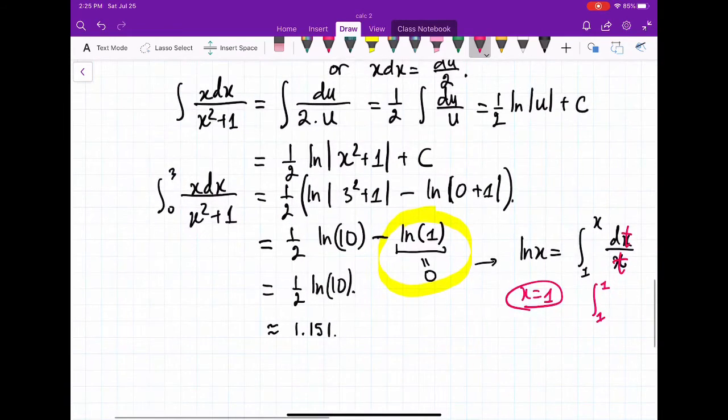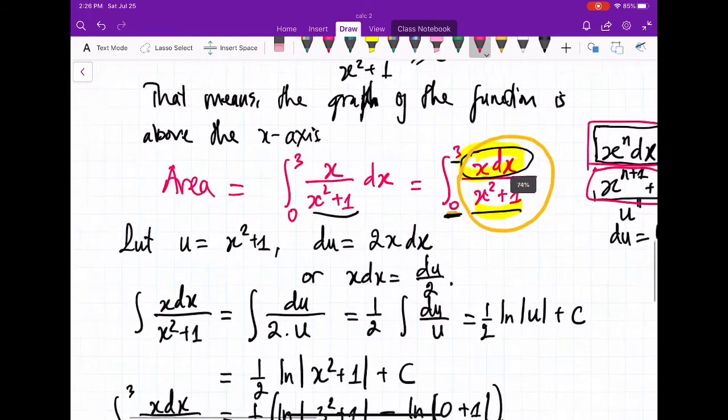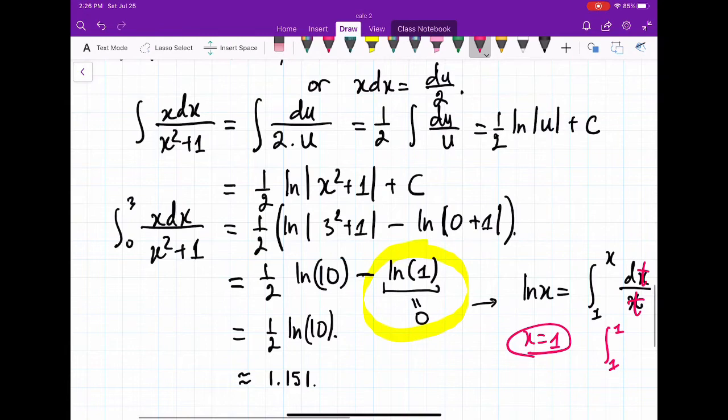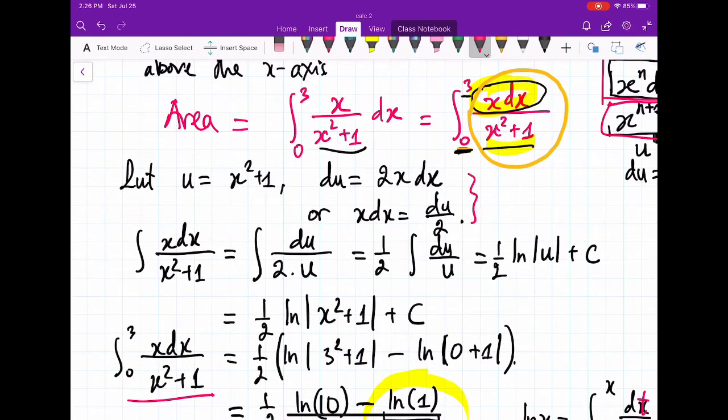Okay. So again, when you have such an integral, you might choose two approaches. The first approach, you find the antiderivative, as I did in here, and then plug in 0 and 3 at the end. Or, after this substitution, you might change the integration limits right away. Whatever you want, okay?